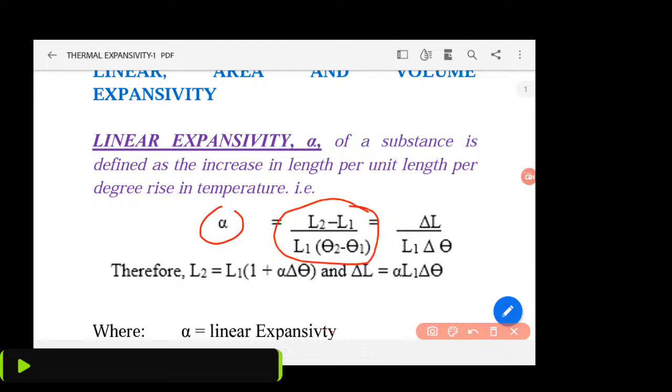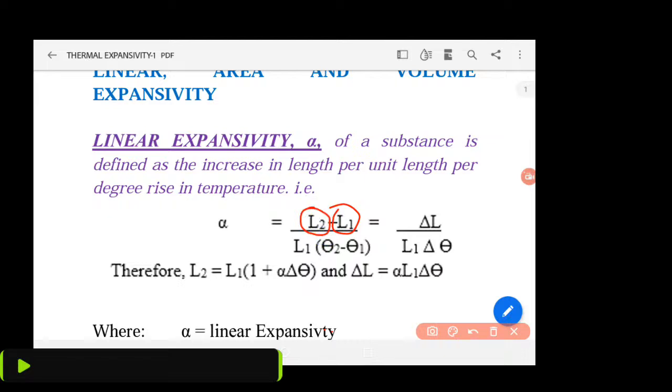That is, you will agree with me that when expansion occurs, the size of the body in question increases. So if L1 is the initial length, when you apply heat on that body, you have a new length which is referred to as L2.